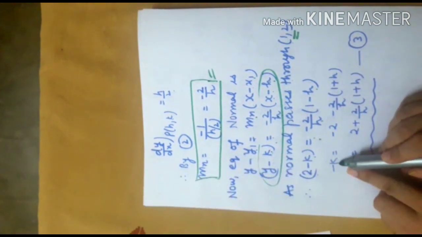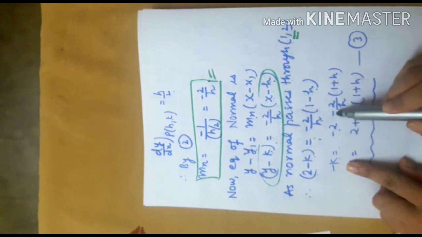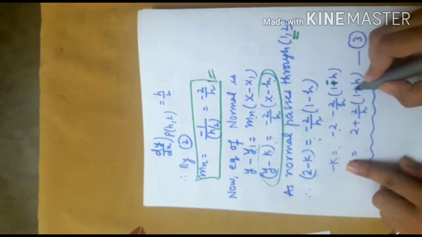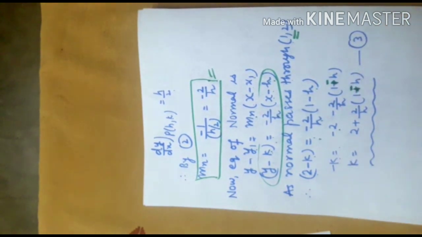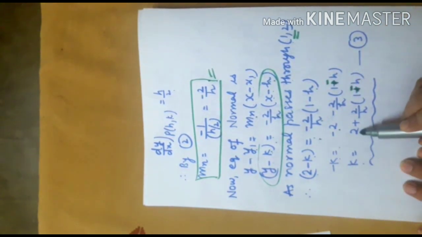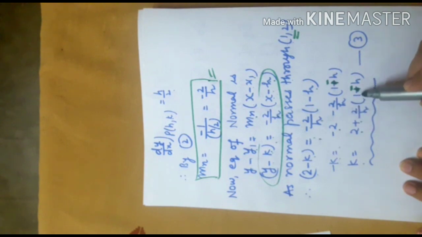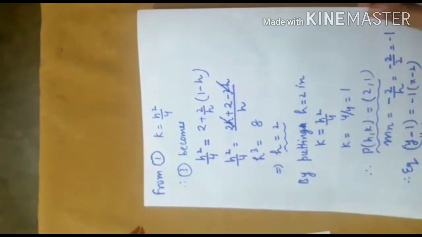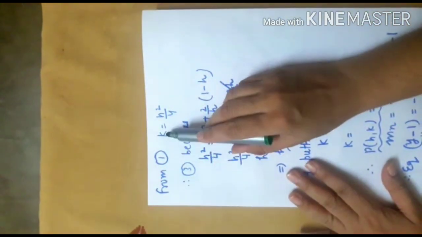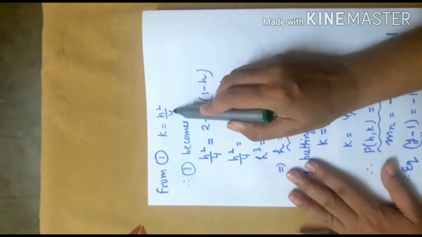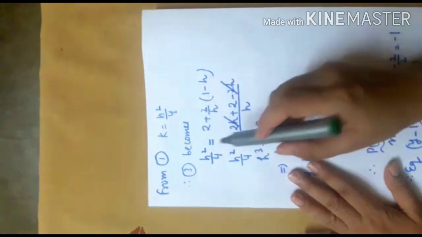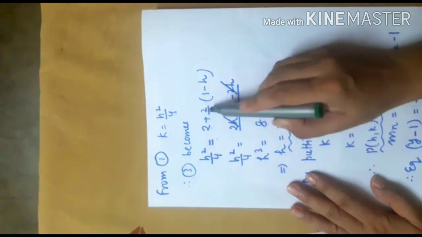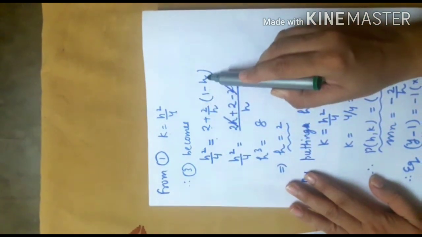So from here, minus k will be minus 2 by h into 1 minus h. Right? So value of k will be 2 plus 2 over h into 1 minus h. And from first relation, k is equal to h square by 4. So third equation will become h square over 4 equals 2 plus 2 over h into 1 minus h.